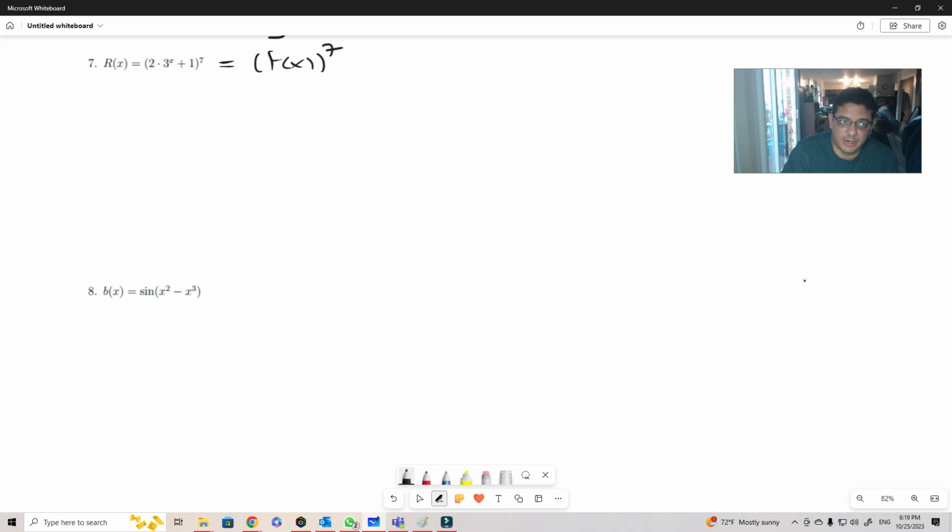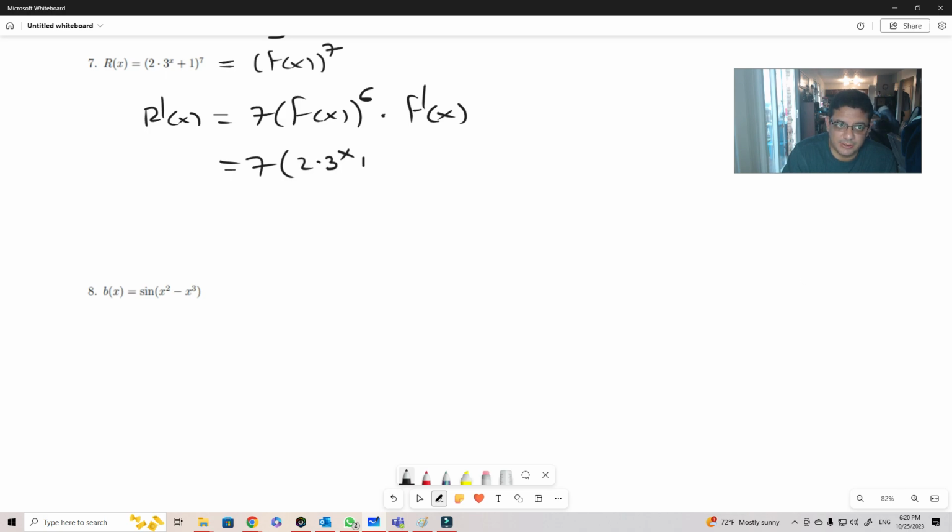And so if r of x is f of x power to the 7, r prime of x is 7 f of x power to the 6, since I'm subtracting 1 here, times the derivative of the inside, so f prime of x. Now at this point, I can actually go back and write what f of x is, and then multiply by the derivative.